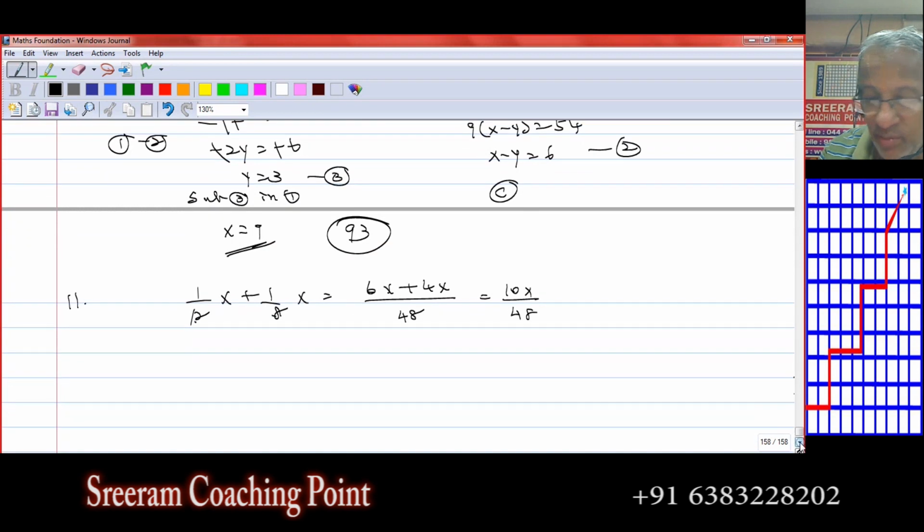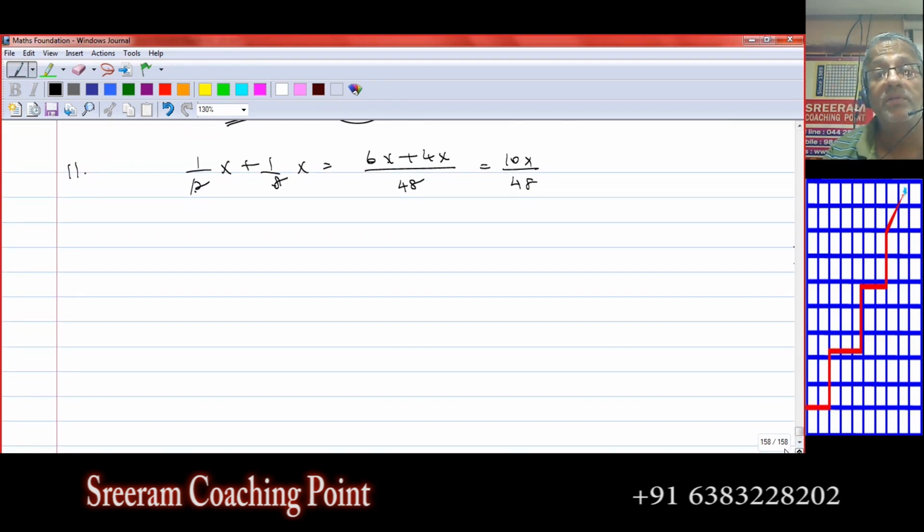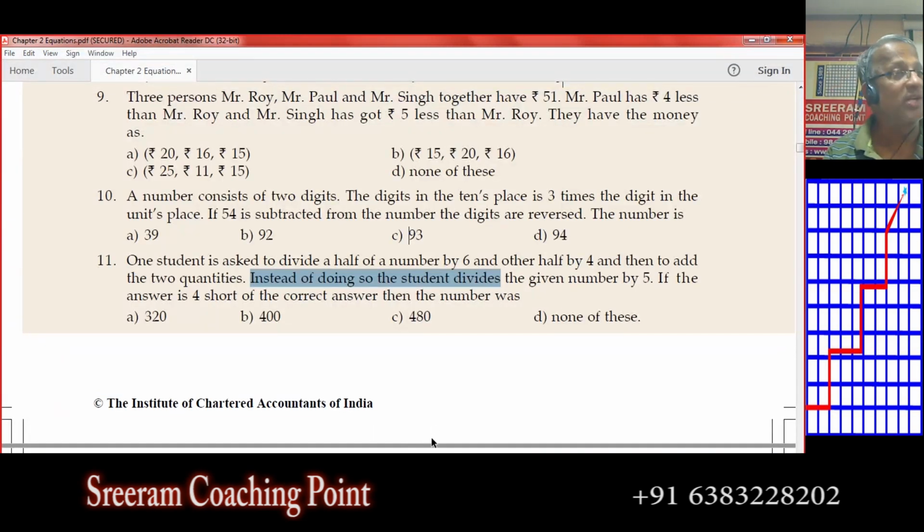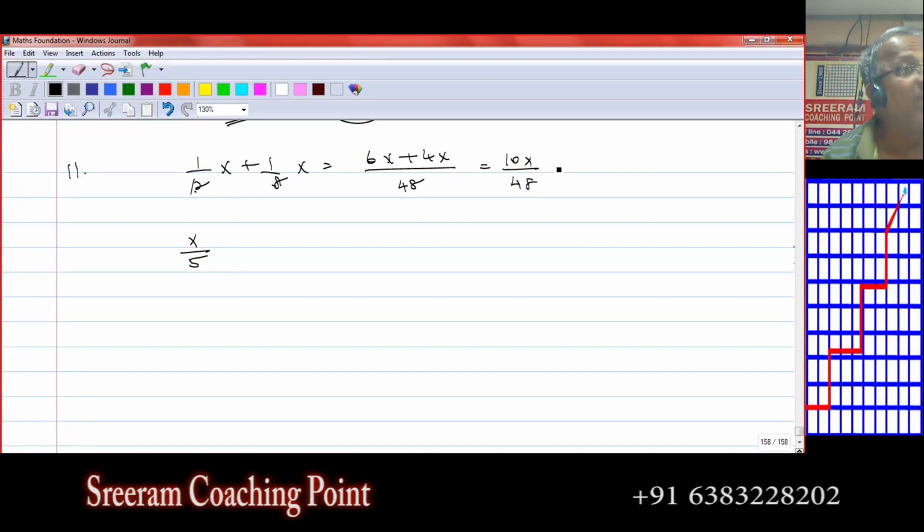Which given number? x by 5. He is getting one value, and the other value is the correct value.